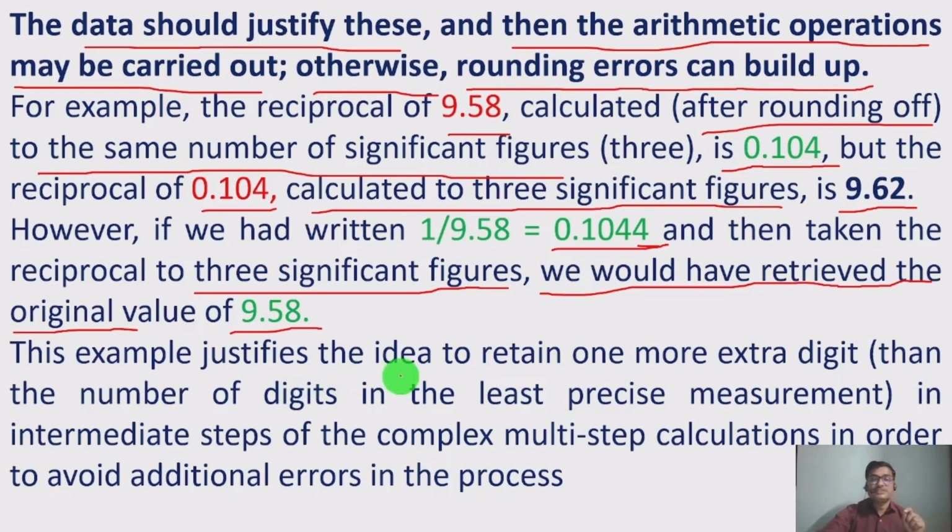This example justifies the idea to retain one more extra digit than the number of digits in the least precise measurement in the intermediate steps of complex multi-step calculations, in order to avoid additional errors in the process.